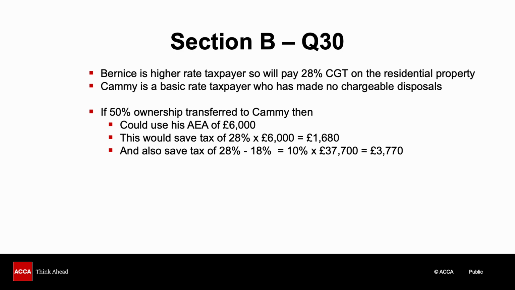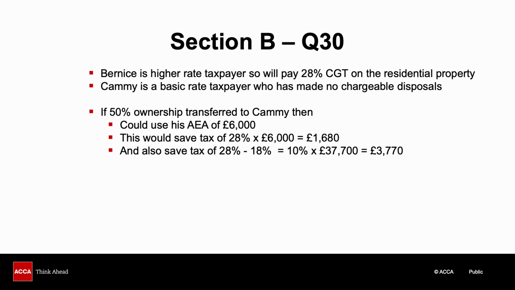And the other place we can save tax is by the fact that Bernice is a higher rate taxpayer, so would be paying 28% tax on a residential property. Cami is a basic rate taxpayer, so would be paying 18% tax. And because he's got no taxable income, we've got 37,700 of gains that he can get taxed on at 18%.